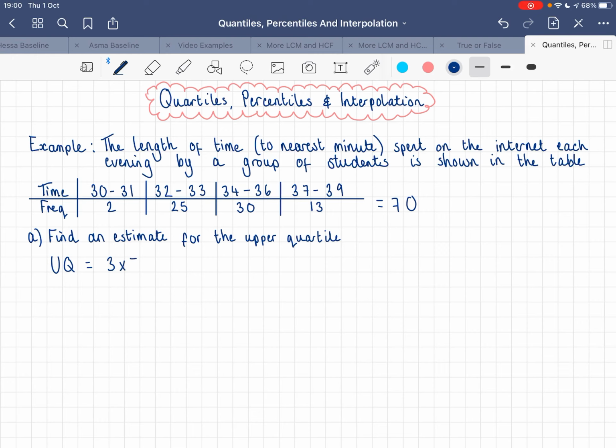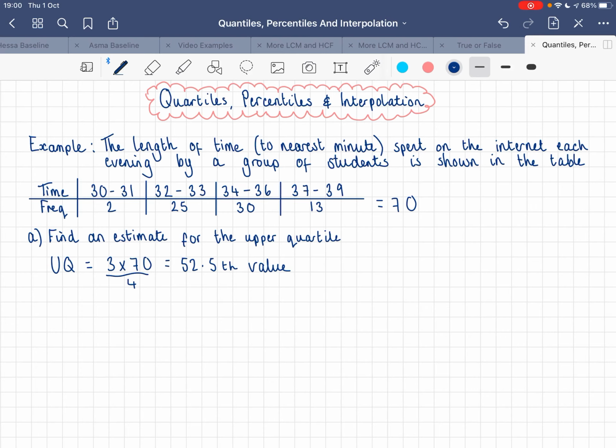3 times 70 and divide it by 4, which means we are interested in the 52.5 value. So we are looking for that data point within our frequencies. To use interpolation, we need to think of two things at once.